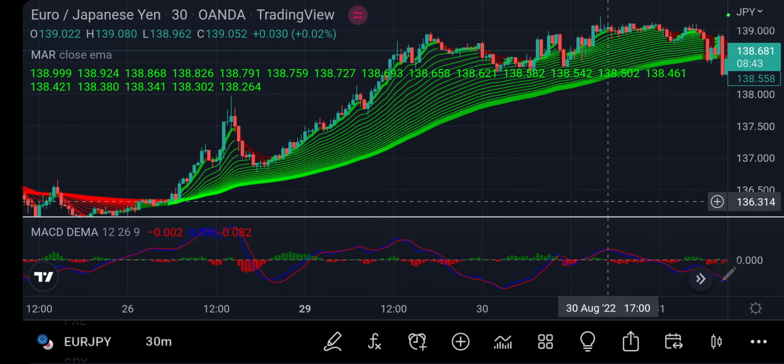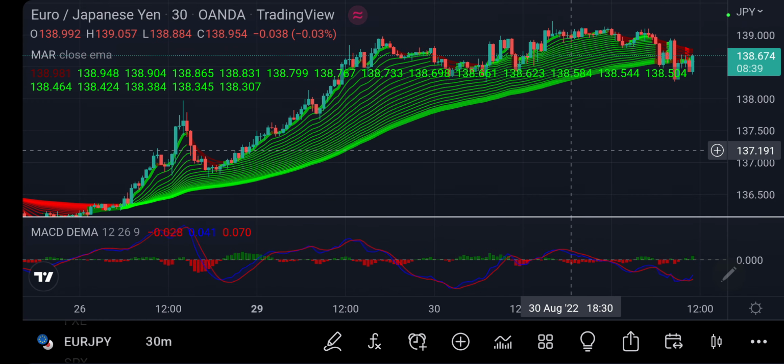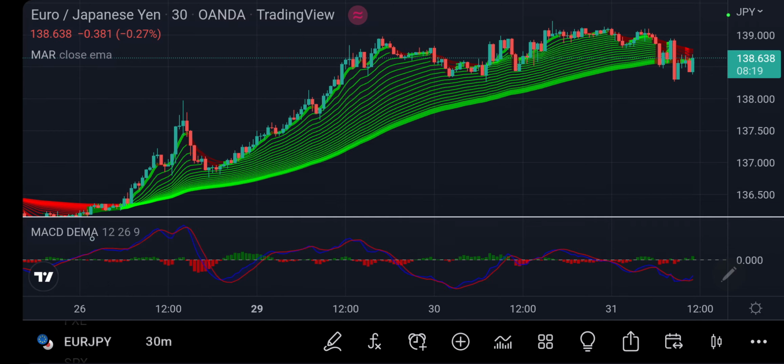I'm going to show you how to make the changes, and in the last I'll tell you how to use these indicators. That's very important, because the indicators should be used in a specific way so that you can take trades in the right direction.